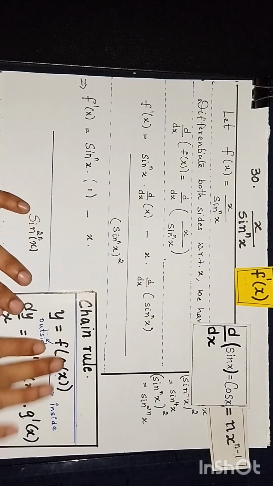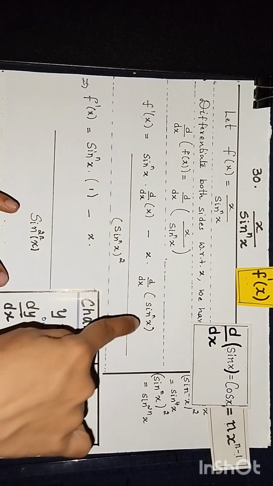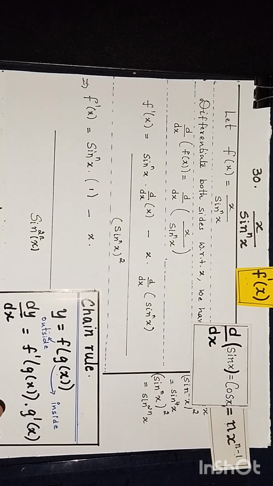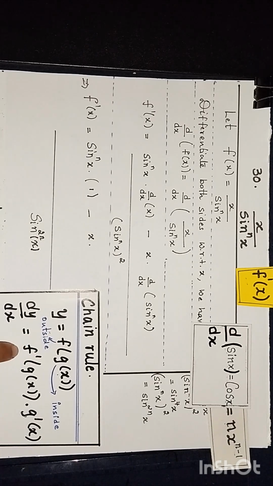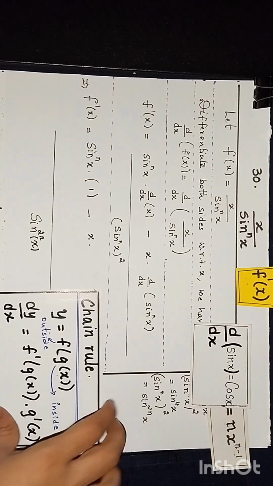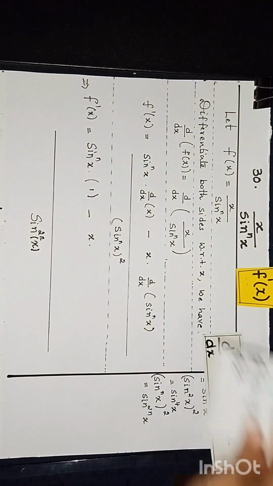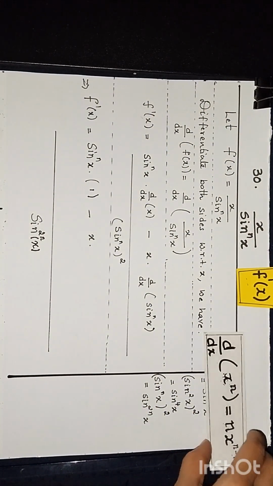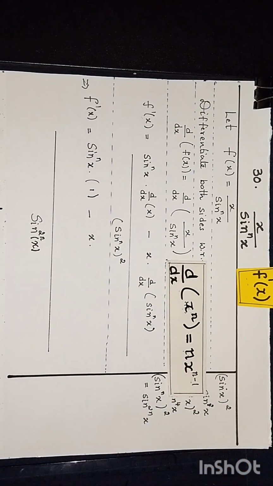So we have to apply chain rule to find the derivative of this. Okay, so first we have to differentiate the outside function, f dash, then we will differentiate the inside function, that is g dash. So here first we will apply x power n, which is the outside function here.